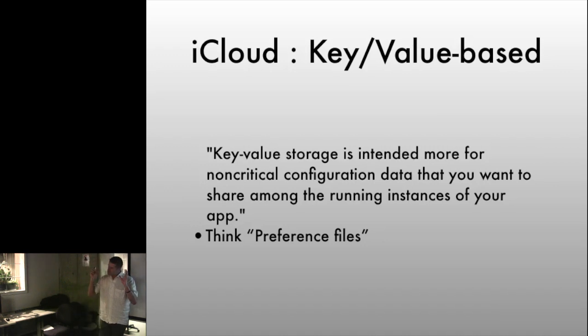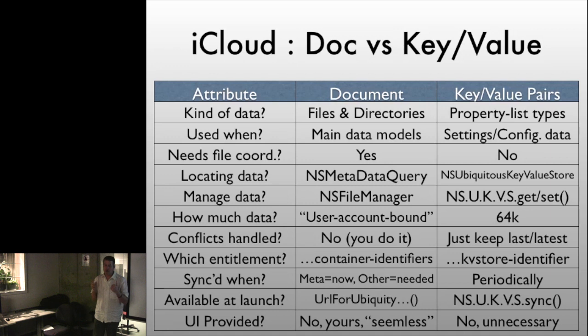So in a nutshell, you have two very different ways to use iCloud as a file store. One, globs of data, document, like user interface, user presented data, and large amounts of data that you generate or need to keep synchronized with devices. Or key value pairs, short, small key value pairs, and we'll talk about the limitations of that in a second.